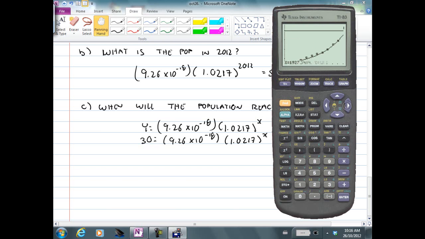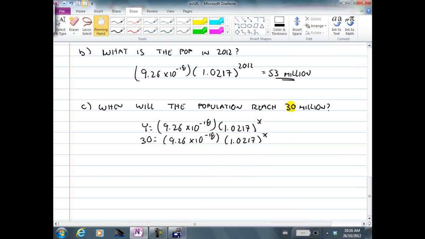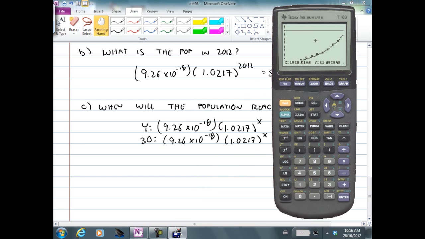It's not going to show. I'm going to need to change the Windows mode again, guys, because it doesn't show when it hits the two lines. Change your Windows X max to maybe 2020, because I want to see when it intersects. So here's my curve. Right there, the point of intersection is when it occurs.